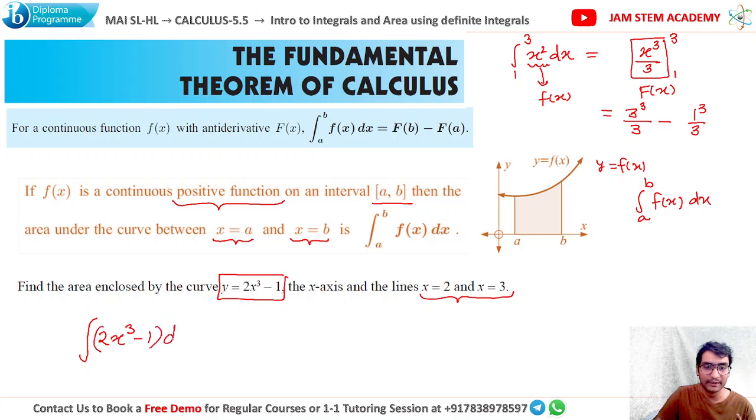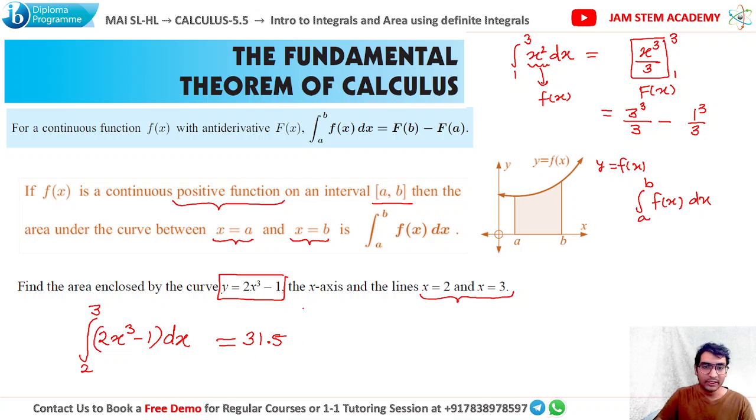That's your f of x part, dx. Now the limits are 2 to 3. Now if you want, you can integrate this function, put the upper limit in place of x, minus sign, lower limit in place of x, and you can get your answer. That's the first approach, so you can do it manually. Otherwise, you can use your calculator also to get the answer, which gives me directly 31.5. For the MAI HL course, they want you to find the value of these definite integrals using technology.